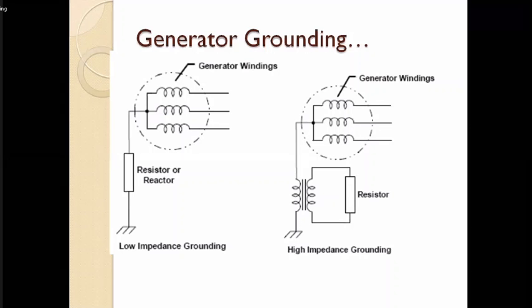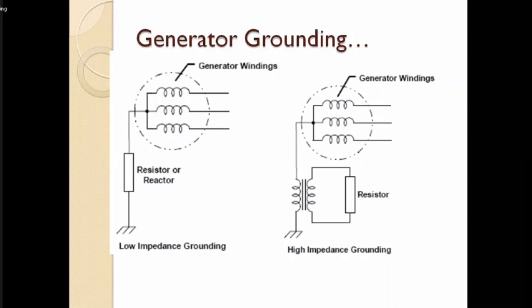We can ground our generator in two ways. We can ground it only by using the resistor to ground, or we can employ a small transformer here with a resistor to ground. And we call it what? High impedance grounding, because this one is not part of the impedance of the generator, the transformer here with the normal resistor.